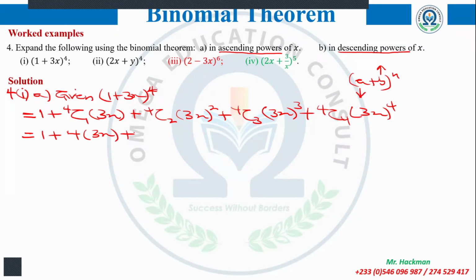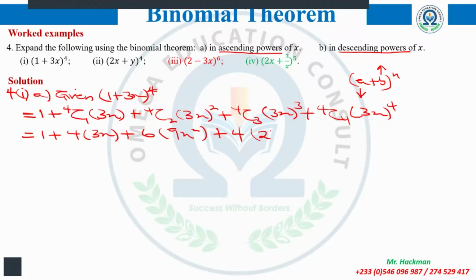Then plus 4 combination 2 will give us 6. Then you push the power in, this will give you 3 squared, which is 9, then x squared. Then plus 4 combination 3 will give us 4, am I right? Then 3 cubed, which is 27, then x cubed.